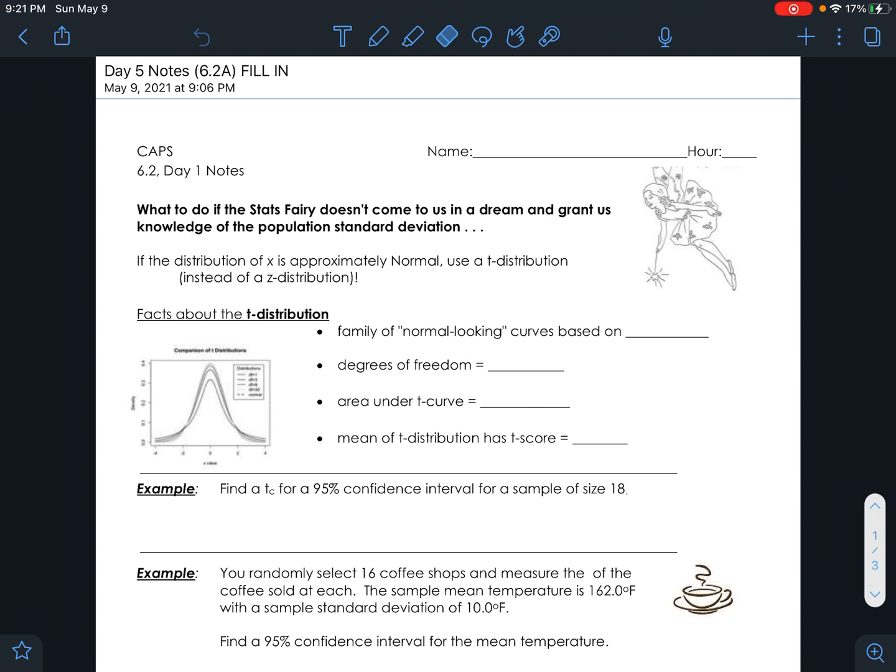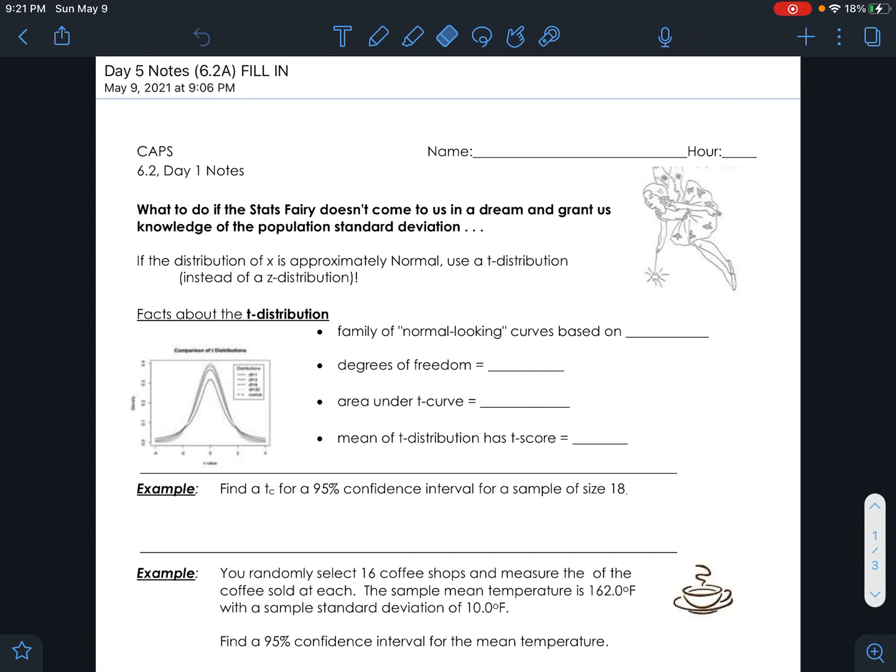So the question is, how can you construct a confidence interval for a population mean given such a circumstance where you have a small sample size of less than 30 and you don't know the population standard deviation? If the random variable is normally distributed or approximately normally distributed, you can use something called a t-distribution.